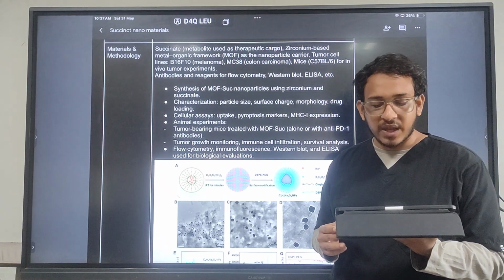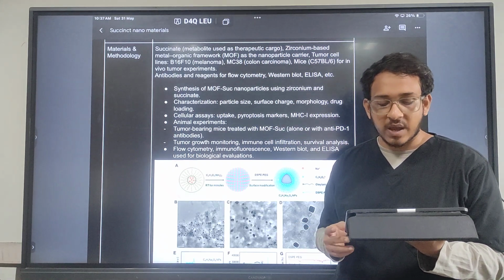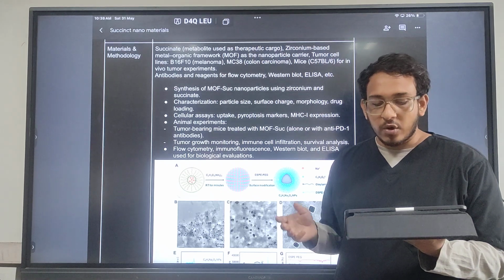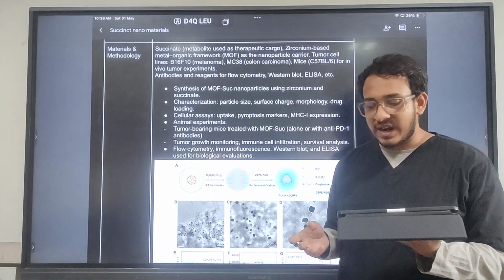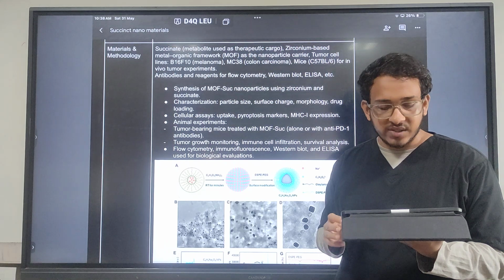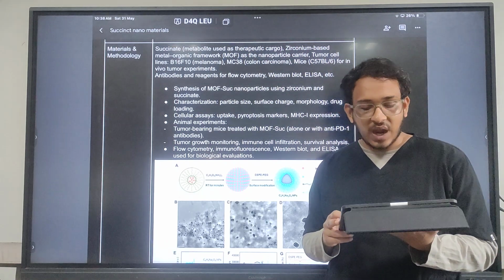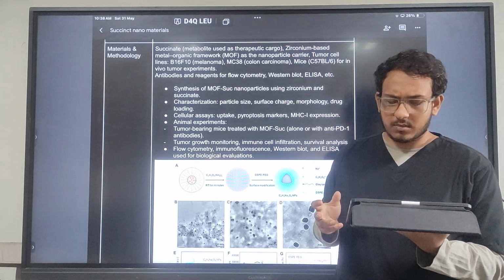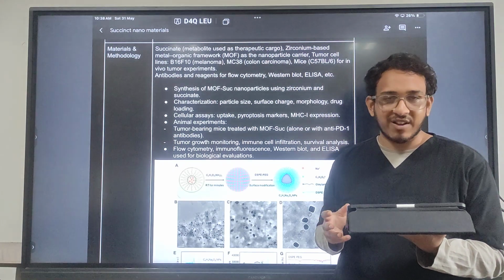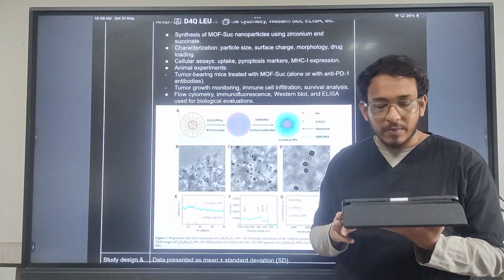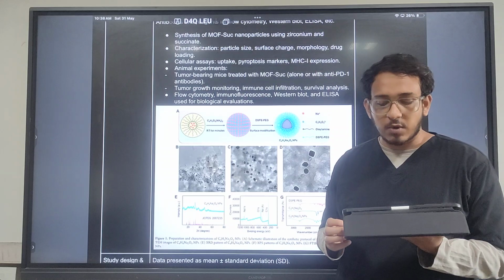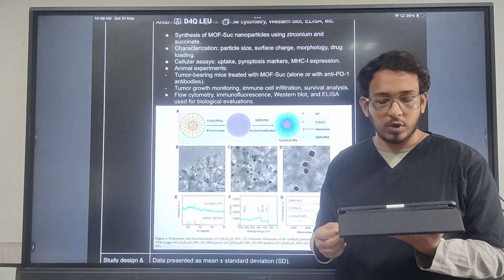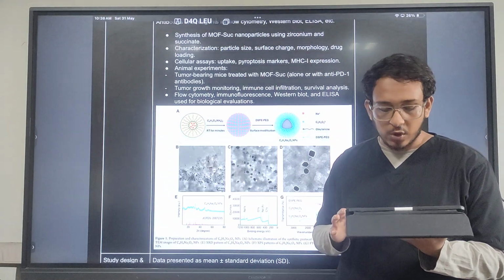The tumor-bearing mice were treated with the MOF succinate alone or with anti-PD1 antibodies. The tumor growth monitoring, immune cell infiltration, and survival analysis were done. Flow cytometry, immunofluorescence, Western blotting, and ELISA were done for biological evaluations.